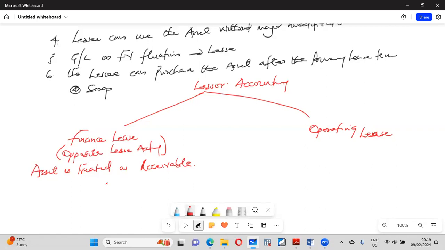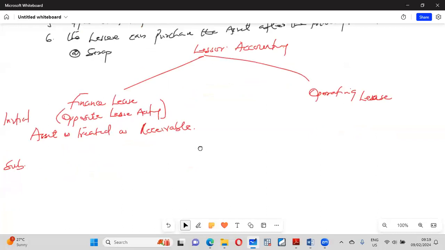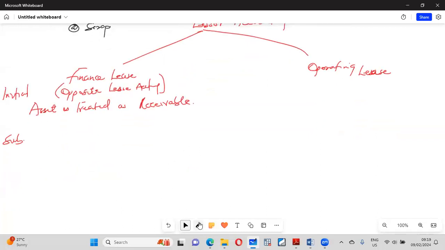So let's draft it. Initial measurement is this. Then for subsequent measurement, you do your amortization table, the same thing you do. It's just that here you have a receivable brought down. It depends whether it's in arrears or in advance.